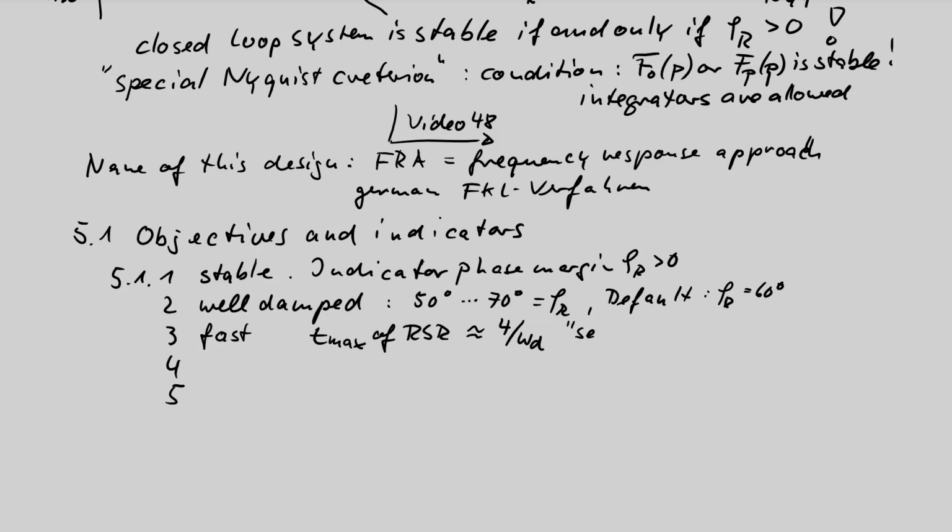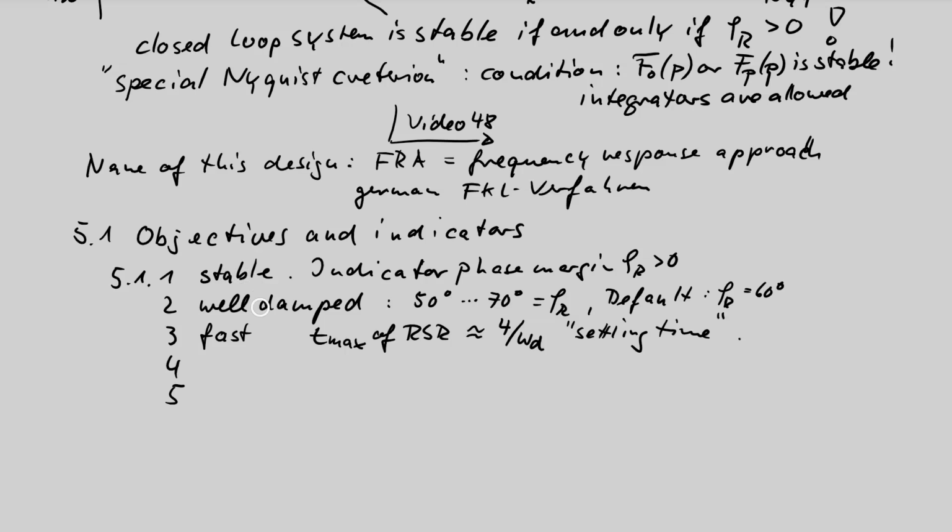The settling time is in the near of Tmax, and it is the inverse of the crossover frequency. With this rule of thumb, we have an indicator for the speed of the closed loop system. Note that omega d is the value at the open loop curve, and we predict the reaction of the closed loop system.